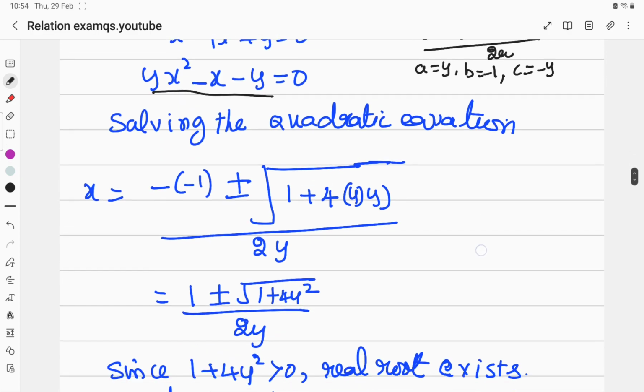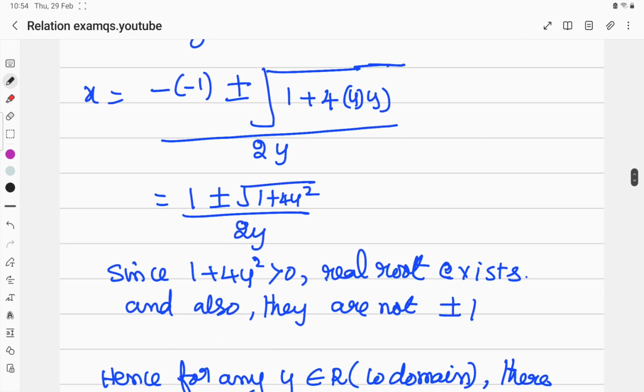Solving this quadratic equation, we get x = (1 ± √(1 + 4y²))/2y. Here 1 + 4y² is greater than 0. Therefore, a real root exists, and they are not plus or minus 1.